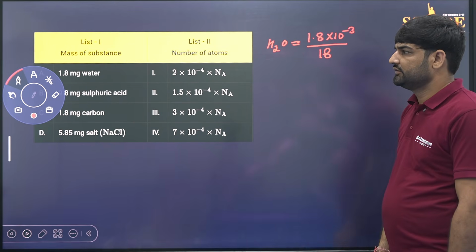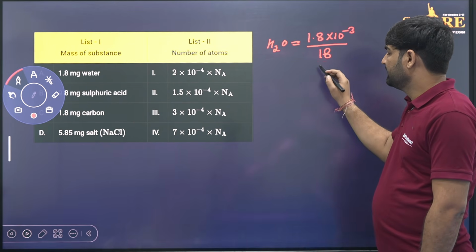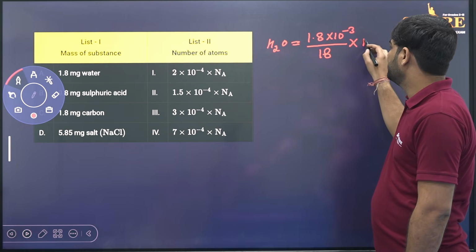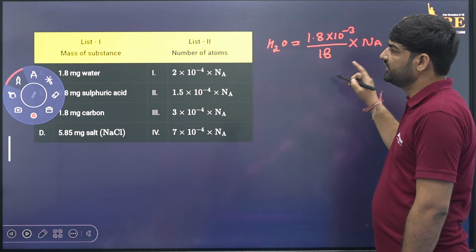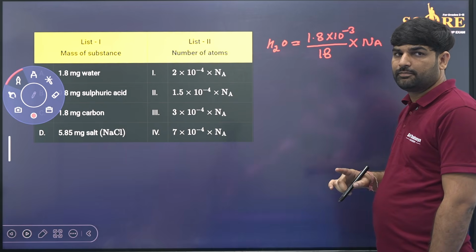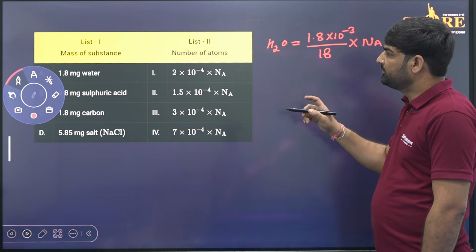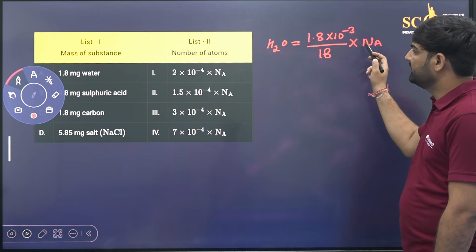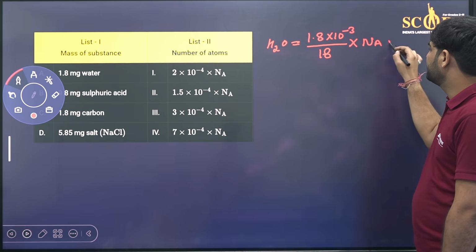So this is number of moles, and if we calculated moles, then you have to multiply by Na. This will give you number of particles, and here particle is H2O. So mole multiplied by Na is number of molecules.